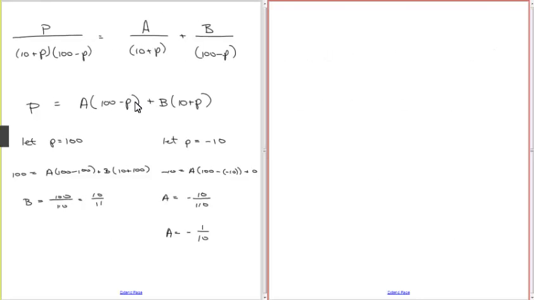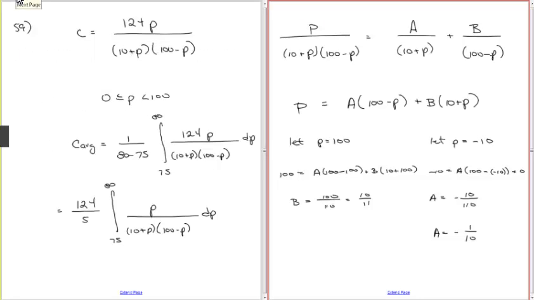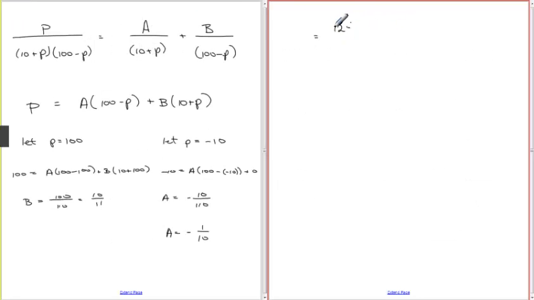So now we can plug those into our expression here and get the integral. We started out with 124 over 5, and the integral from 75 to 80 of two terms. We have A, which is negative 1/10, so we get negative 1 over 10 times this denominator, which is 10 plus p.